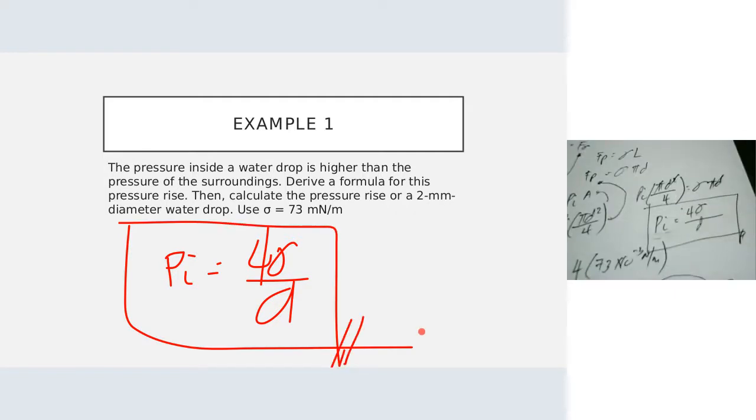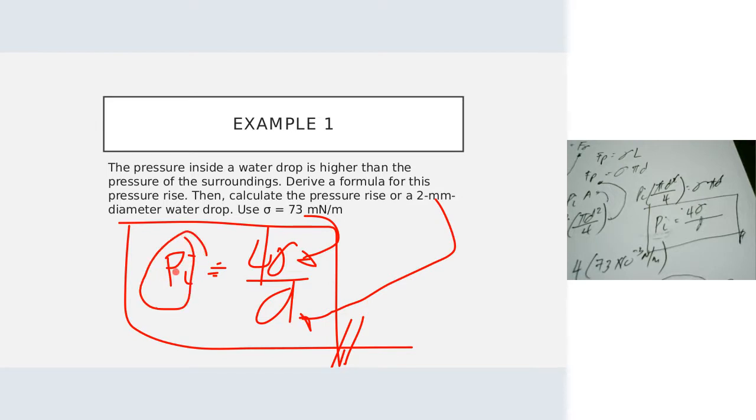But in your board exam or in your quizzes or exam here, you can just remember this formula, so we don't have to derive. Direct substitute these two, and we will get the internal pressure.